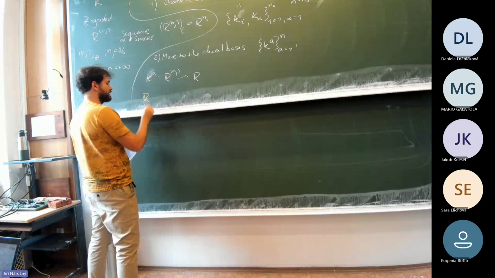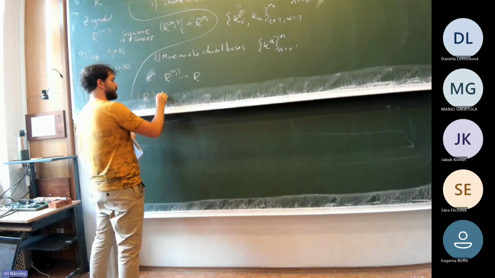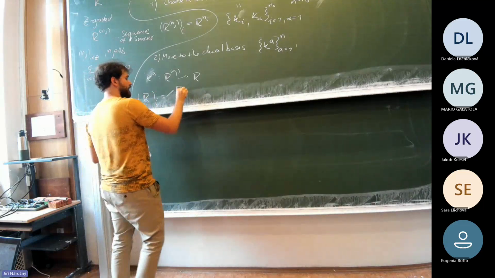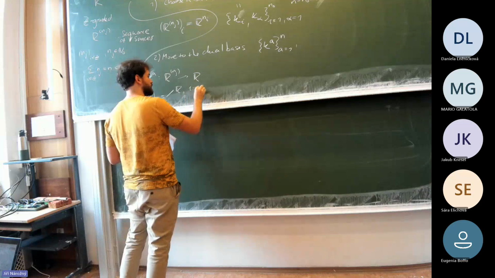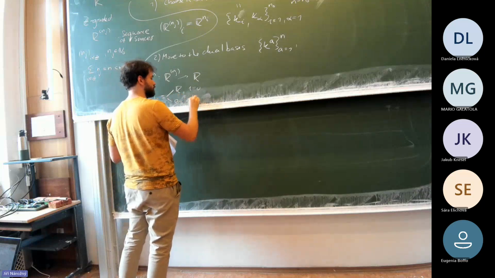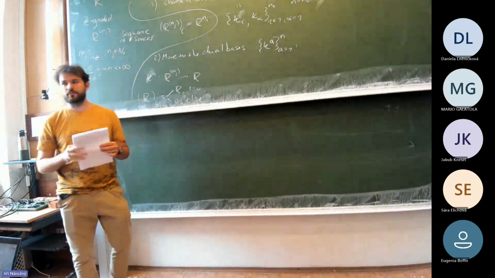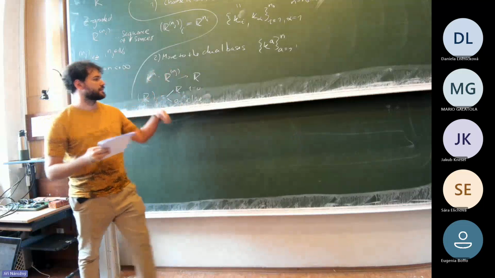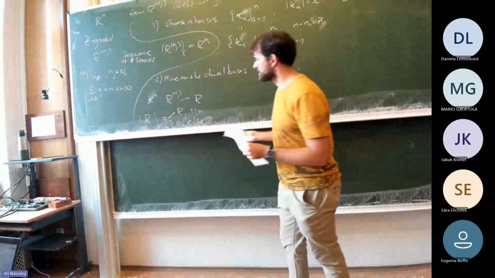And this can be a graded vector space where the ith component is either R when i is 0 or is 0. That's, again, a bit silly, but it's nicely formalized.